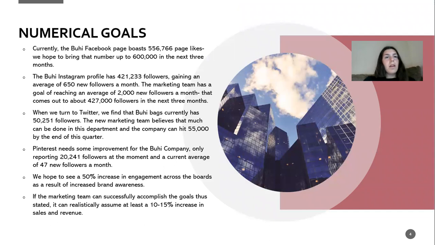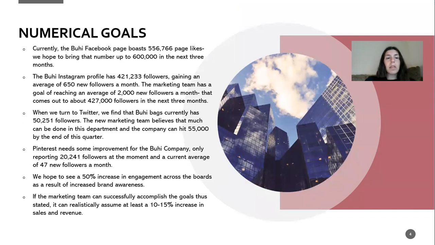So to begin, we would like to increase our Facebook to 600,000 page likes and Instagram to 427,000 followers. And Twitter had a lot of opportunity for improvement. So, a numerical goal that was set for that was 55,000 total followers by the end of the quarter, which was more than hit. But overall, we would like to see a 50% increase in engagement across the boards as a result of increased brand awareness and investment.